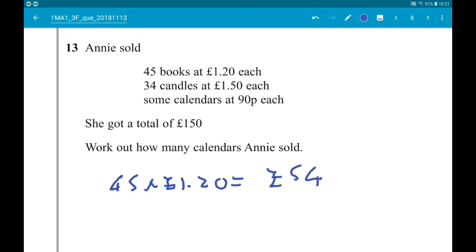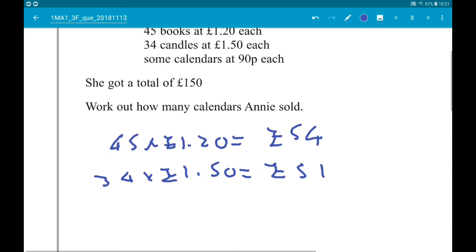Then for the candles, 34 times 1.50 is going to be £51. Now if we add those together, we get £105.